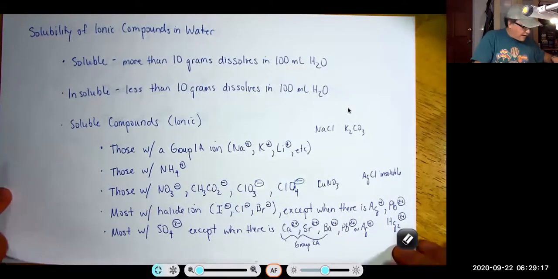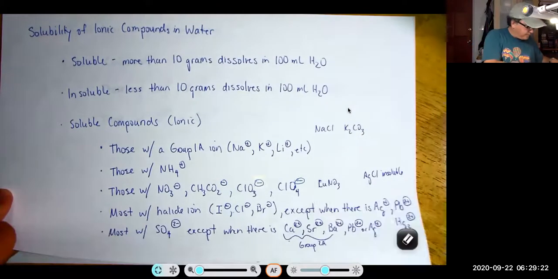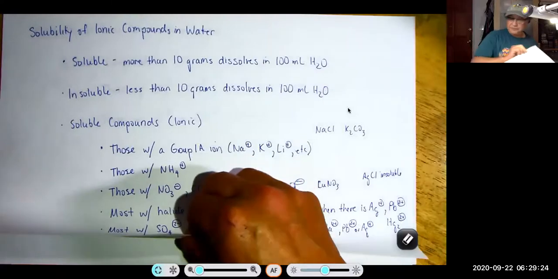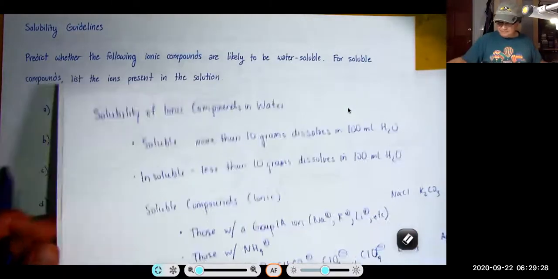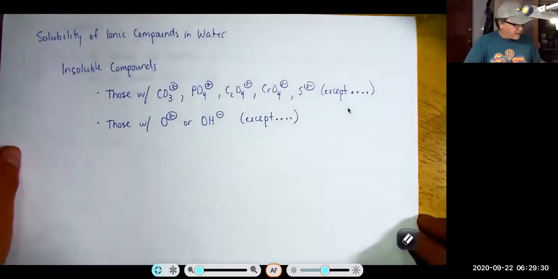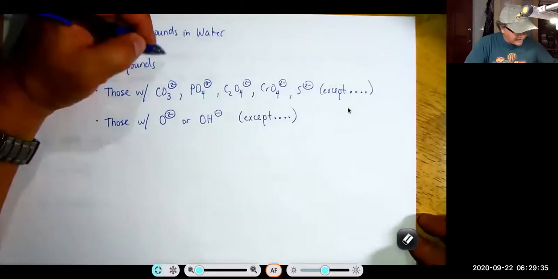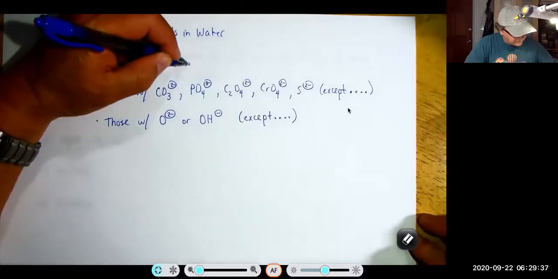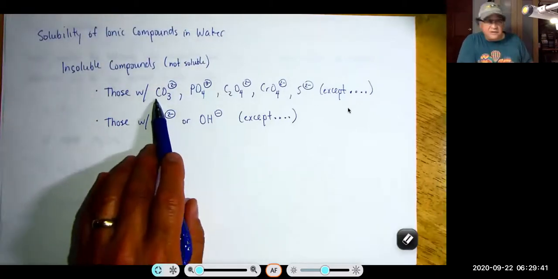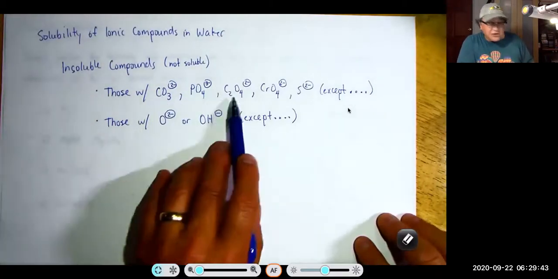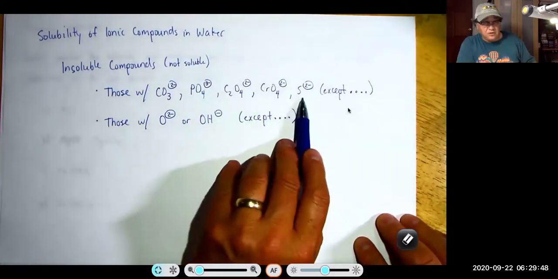And then there are compounds that are not soluble. Oh, I skipped one. So here are the compounds that are not soluble. So insoluble means not soluble. So compounds that have carbonate, phosphate, this is called oxalate ion. This is the chromate ion. This is sulfide.